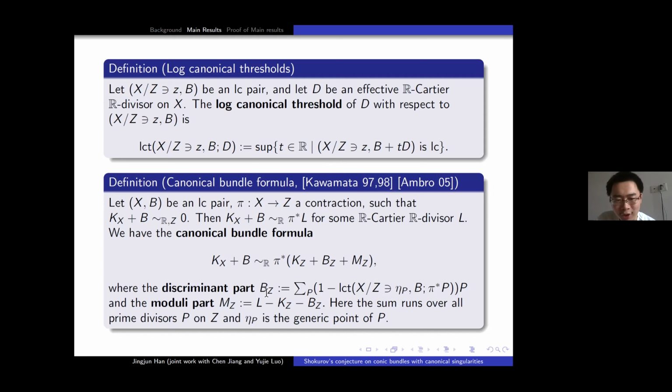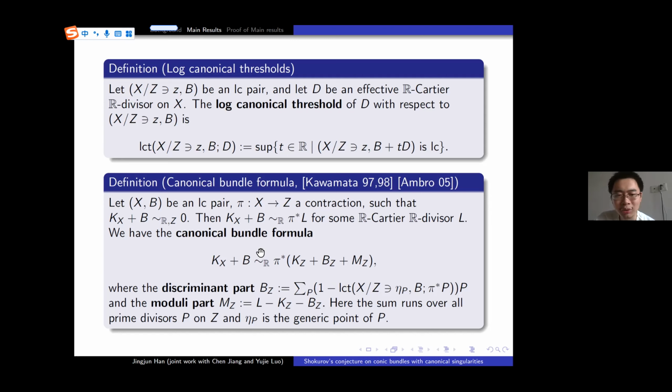So the discriminant part only depends on the log canonical threshold of this pair. And the moduli part depends on the choice of A, so for different choices of A, the moduli part might be different. It is equal to A minus K_Z minus M_Z. So this is about the canonical bundle formula.